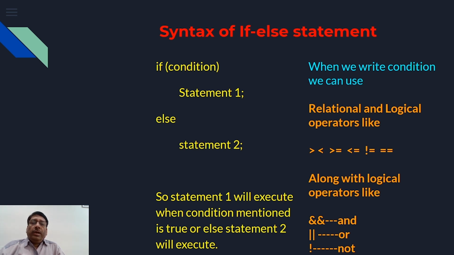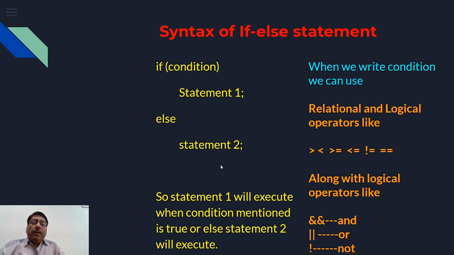Like you want to find out whether a student has scored more than 50 marks or less than 50 marks, whether the student is pass or fail, whether the citizen can vote or not, or check the age of a particular person. In that way, you may need to check multiple conditions, and whenever you want to check any condition, you can make use of the if else statement.